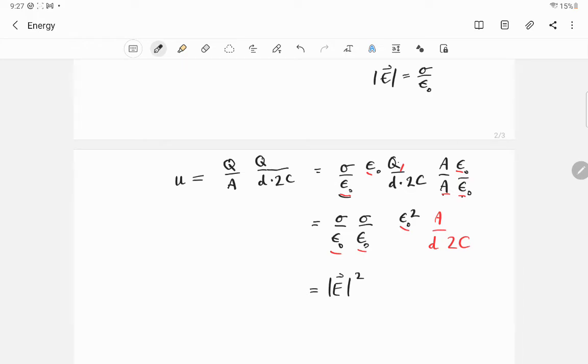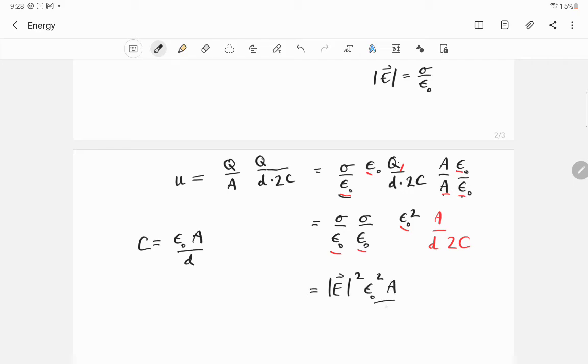Do you remember that the capacitance of our parallel plate capacitor is epsilon naught A over D, right? So that's what the capacitance of the parallel plate capacitor is. So I'm going to put that in, but I've got this epsilon naught squared.